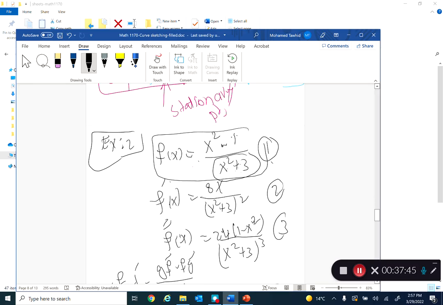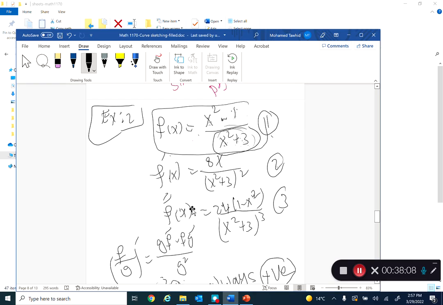For any real number you wish, there is always a value for f. Because of that, x squared minus 1 over x squared plus 3 is like a polynomial, since x squared plus 3 is a positive number multiplied by x squared minus 1. Which means the domain is all real numbers.